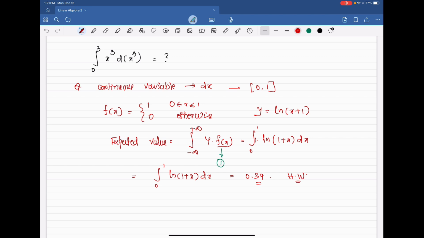Hence the value of y times f(x) will be 0 otherwise. Then we have to consider only 0 to 1. Within that you calculate the integral of ln(1 plus x) dx, put in the interval values, and you get 0.39.